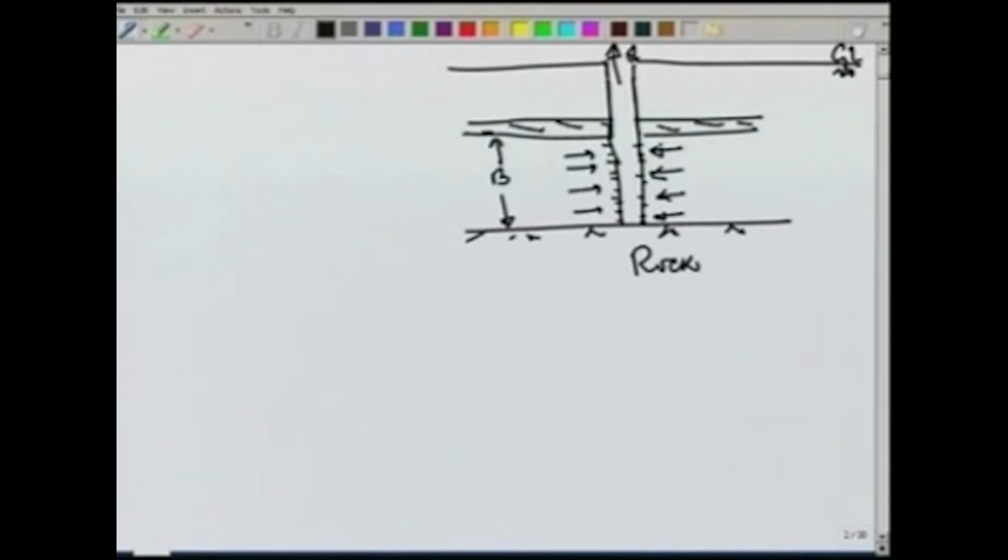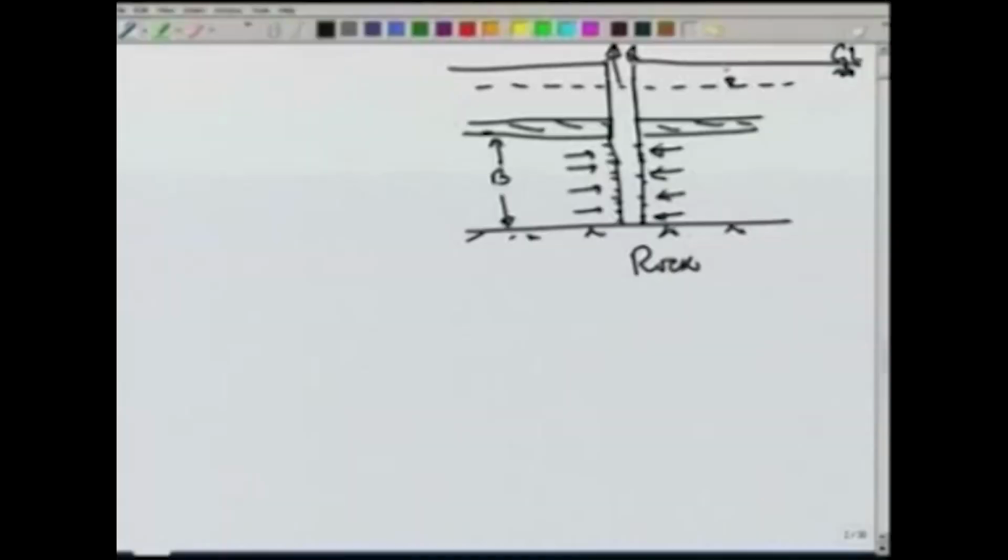and the conditions are typically when we start the pumping, we can assume that the piezometric surface is horizontal. So, before start of the pumping, the water level in any piezometer we put here, we assume that it is horizontal.